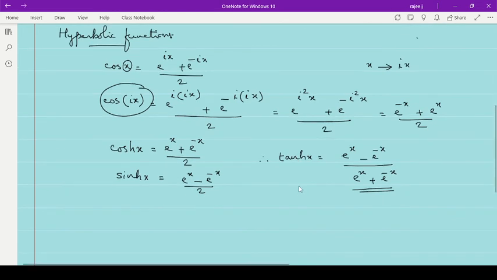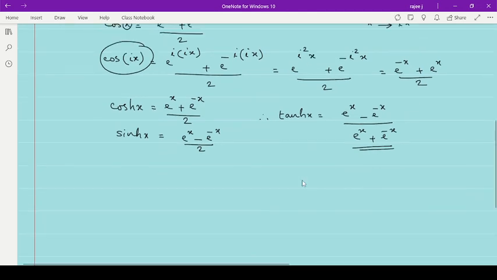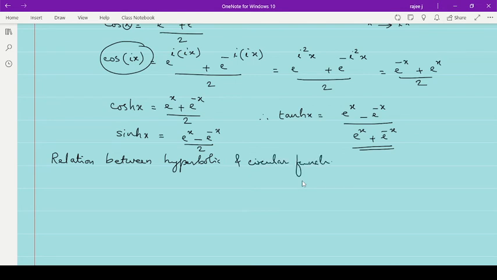Now there are some relations between the circular function and hyperbolic function. I'll just tell that one; these all you need to know. This proof and all you need not study, you have to just study this formula, the relation between hyperbolic and circular functions. That is sin ix is given by i sinh x.